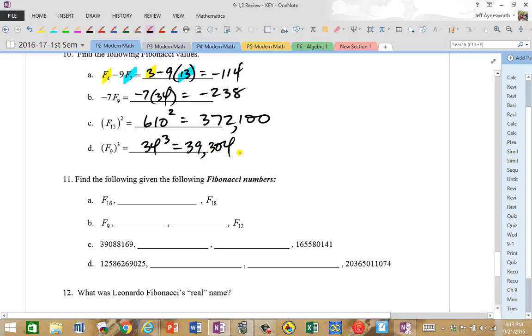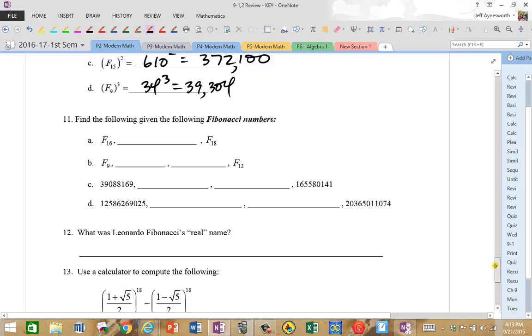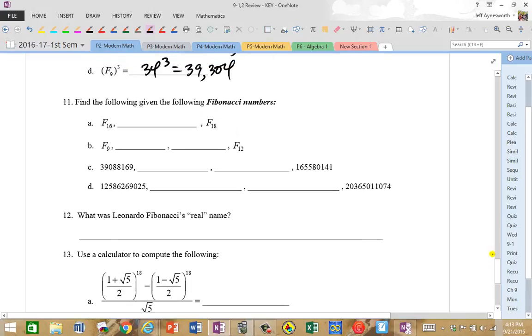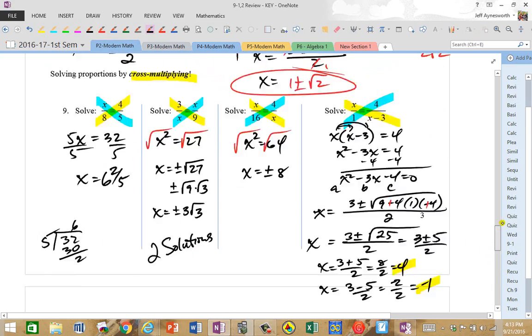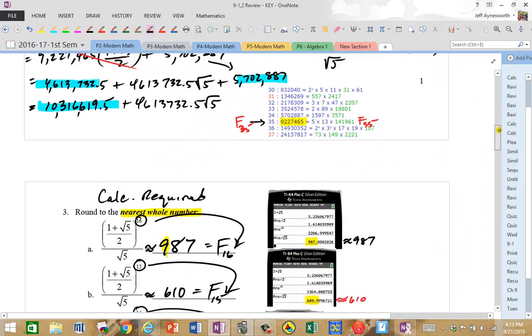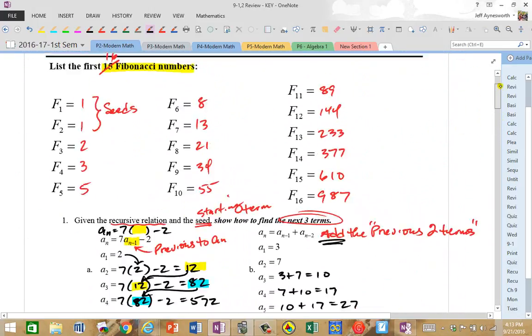Okay. Number 11. Okay, so how do we do this? So the middle number here. What's 16th and what's 18th? So what's the 16th? Let's go up to the top here. So we got to add these together. So 16th, 17th. So the 17th is 610 plus 987.